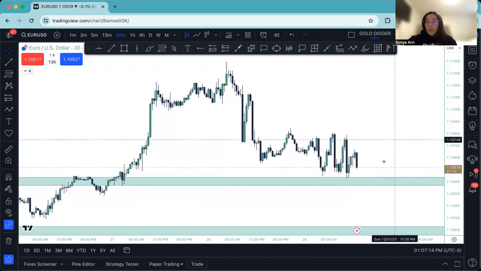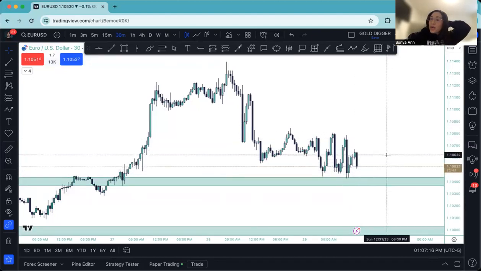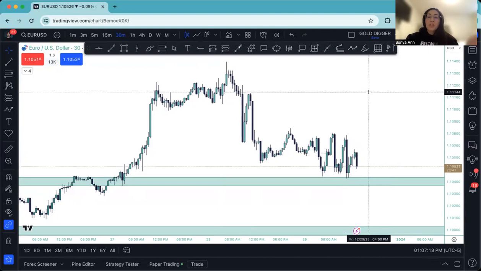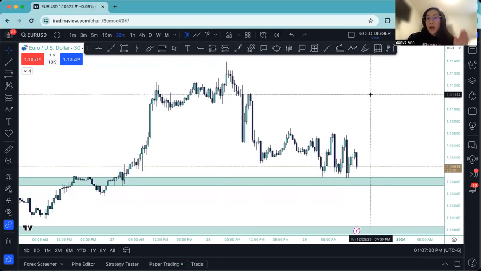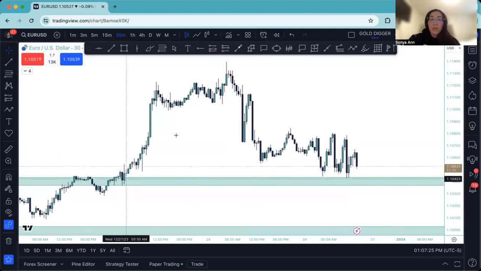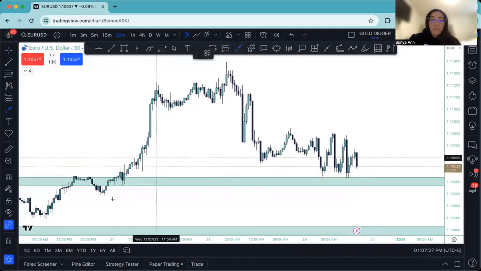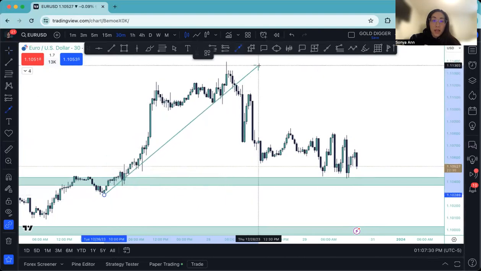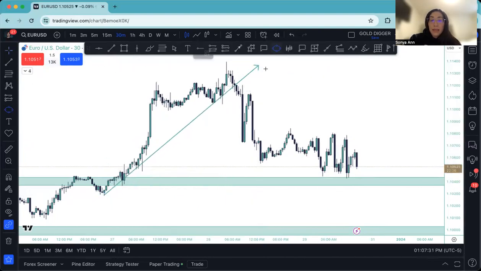Actually, let's just make it really simple. You're not going to utilize the long and short position. What I want you to do is show me, okay, this is the trend line. I want you to highlight, this is where it broke, and this is where it retested.